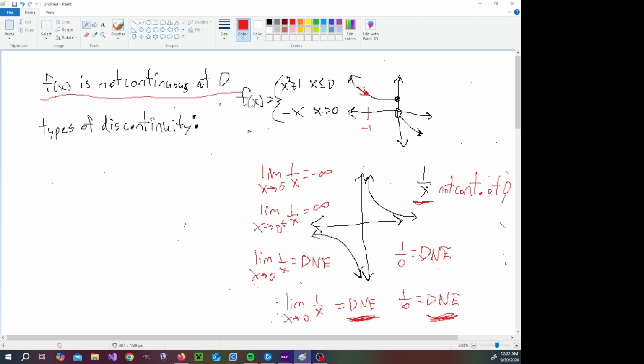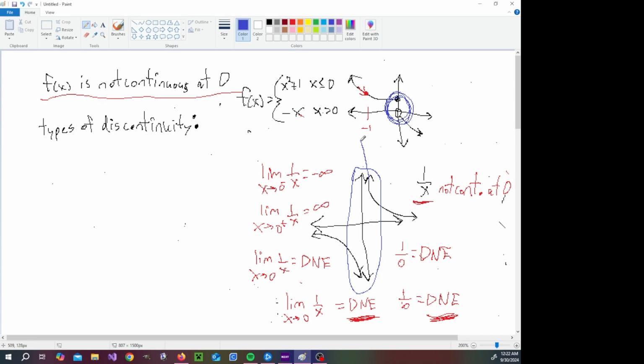However, the way that it is not continuous, the discontinuity at both of these are very different, right? Because this is kind of like the function just moved up a little bit, right? It would be really easy to fix that. However, this is not something that I can easily fix.